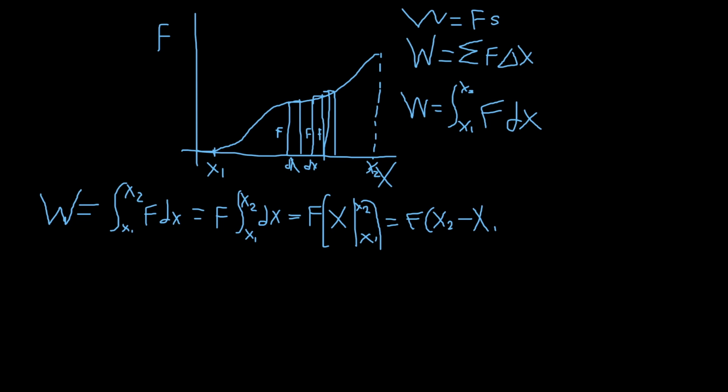If we remember, s is the displacement, so s equals the final minus the initial, and we can replace that with s. This brings us to our familiar formula, W equals force times displacement. So you can see this agrees with our equation from before in this special case.